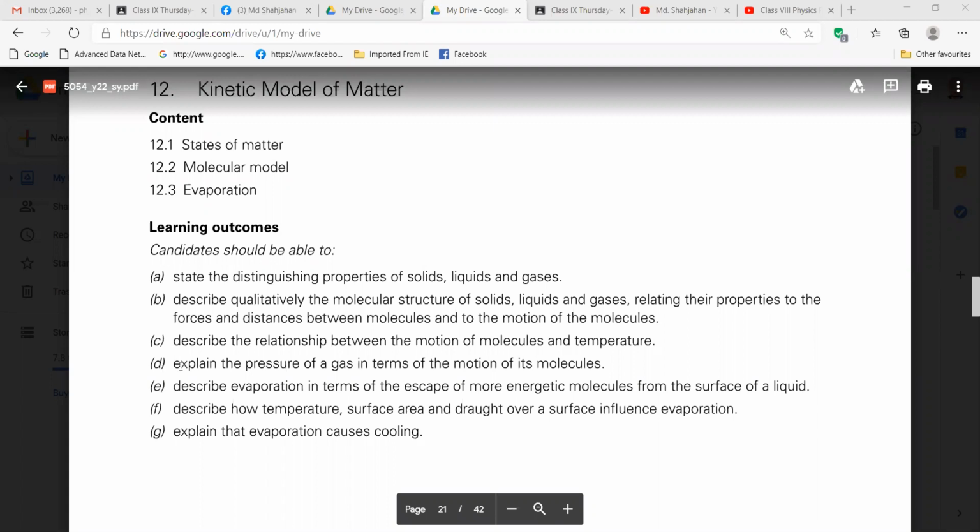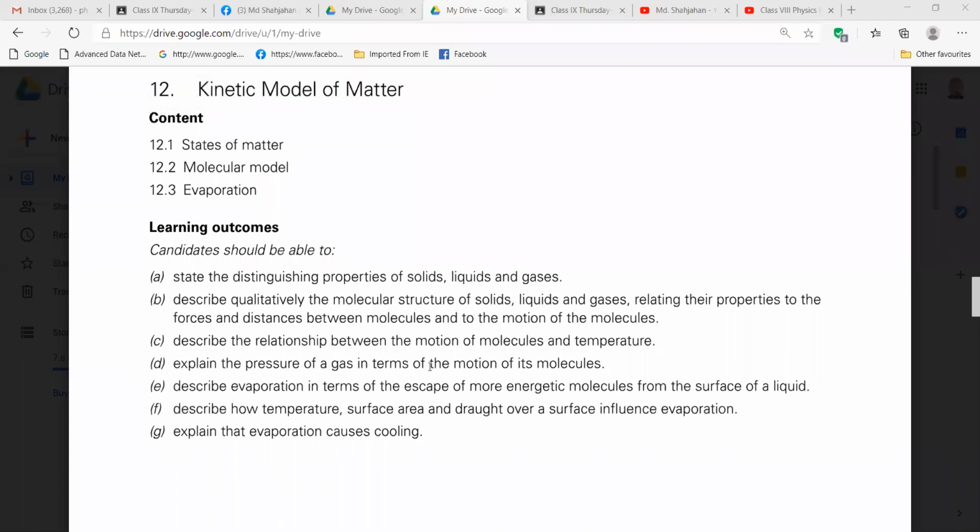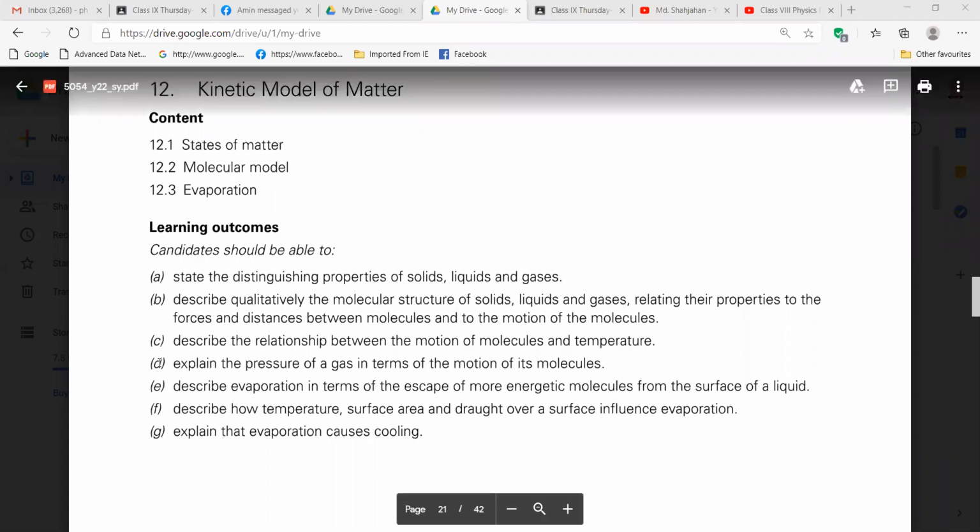Only C and D will be left. C and D we will discuss in the next class on Thursday. Don't miss the class. Or on Saturday, coming Saturday on 22nd, right? Saturday we will discuss C and D, and we will also continue the worksheet, inshallah. And A, B, E, F, G done. So you can track it, right?